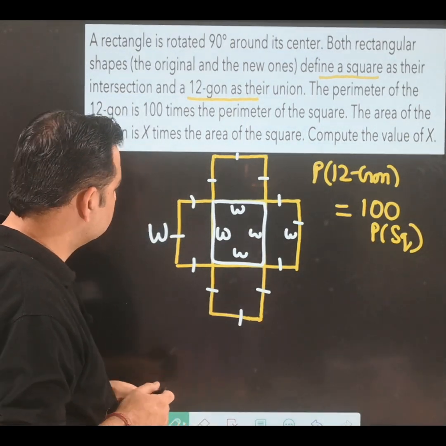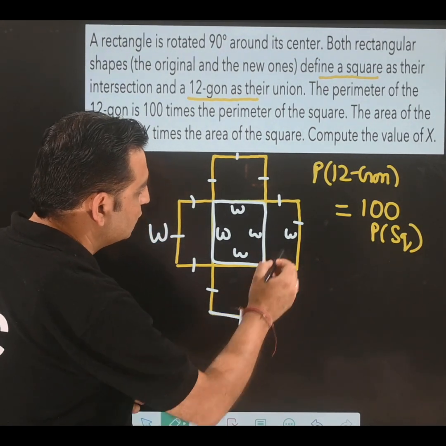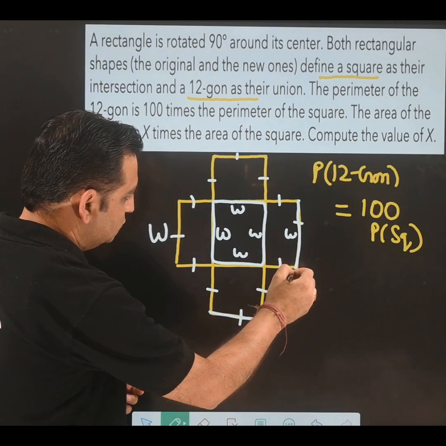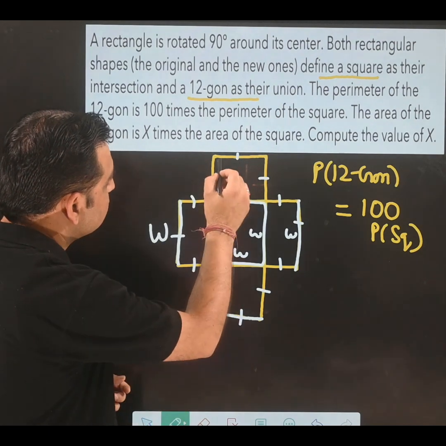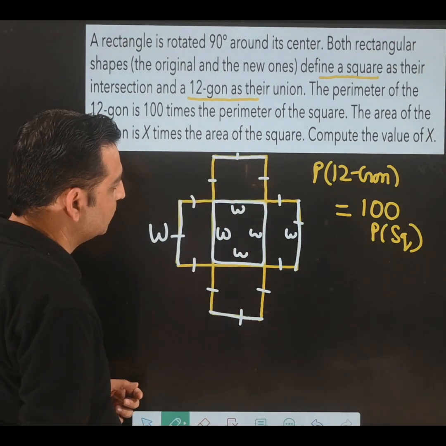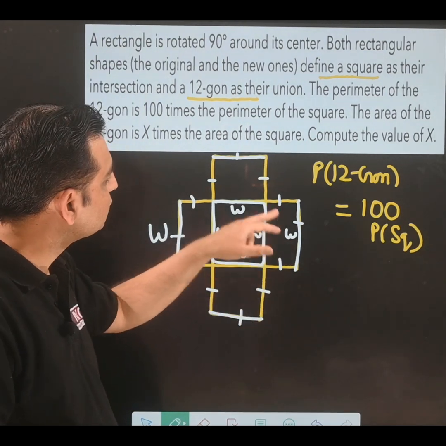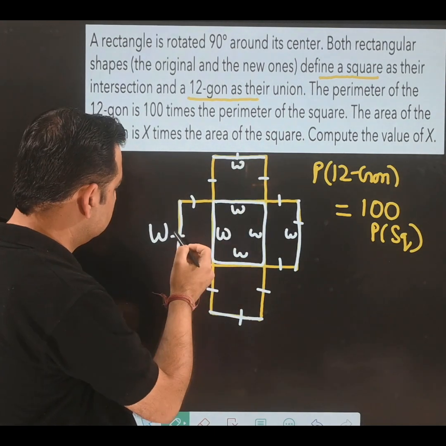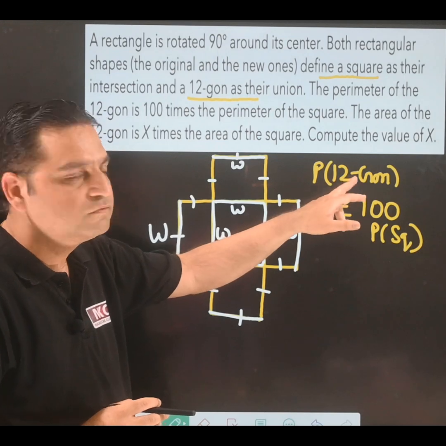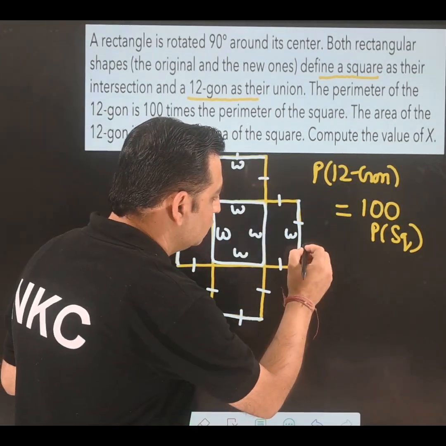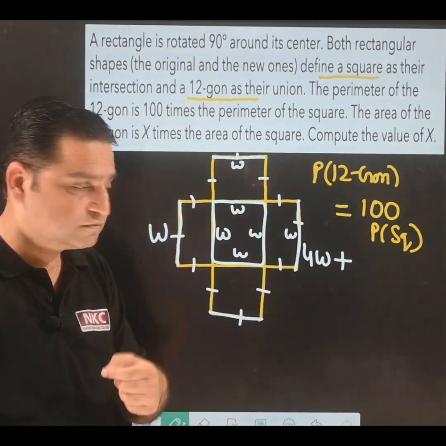If I start counting, this is W, this is W, this is W, and this is also W. These four white boundaries which I have formed here have lengths W, W, W and W for sure. That means the perimeter of the 12-gon contains 4W for sure, plus the remaining lengths are still there.